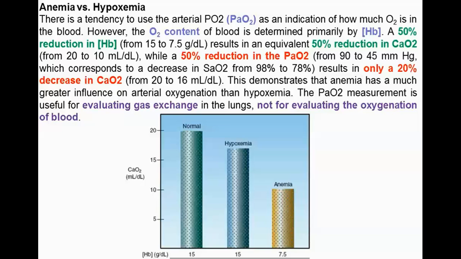While when we decrease the hemoglobin by 50% with the same PO2 and saturation 100, the oxygen content decreases by 50%. It's clear: anemia is much more critical than hypoxemia.